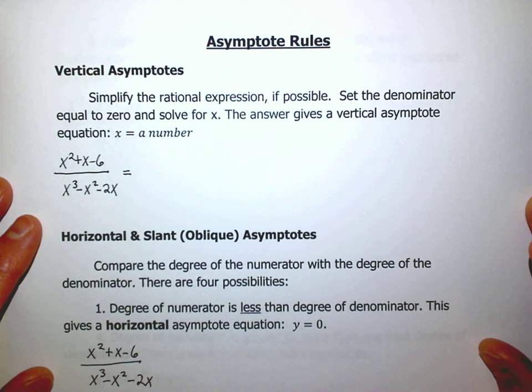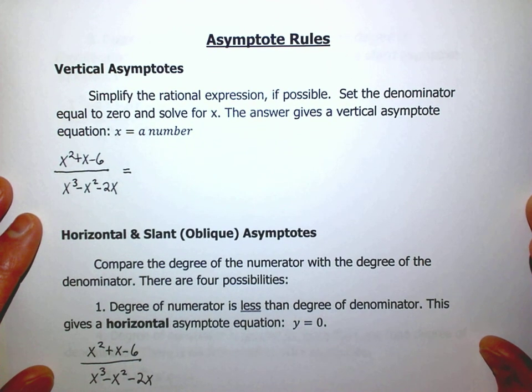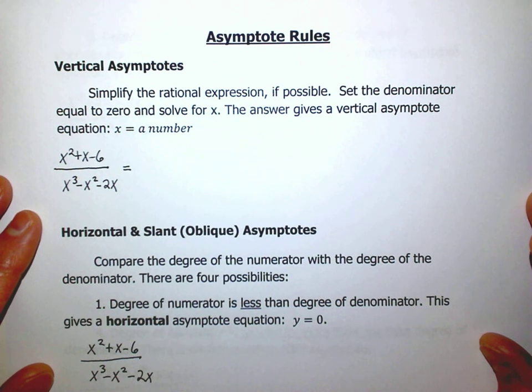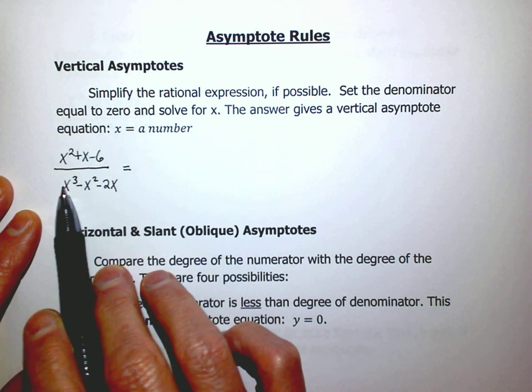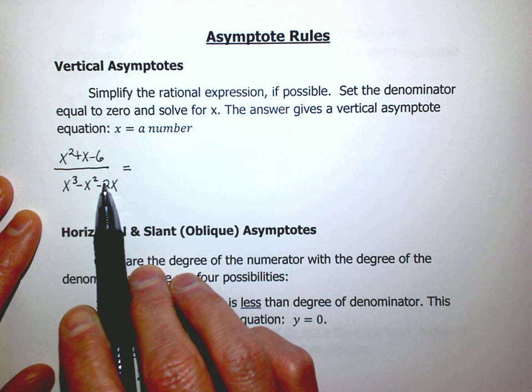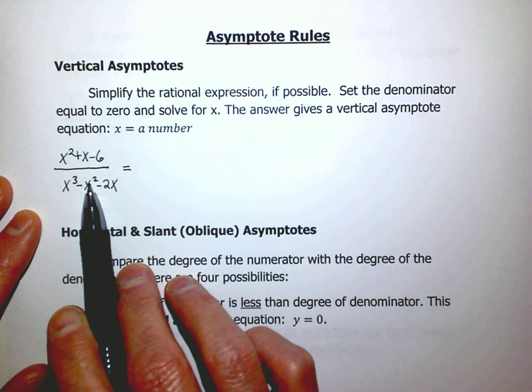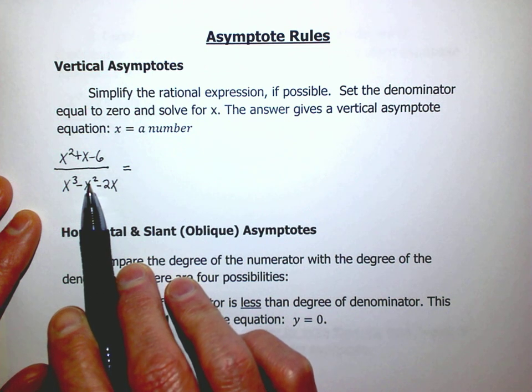Let's start by talking about vertical asymptotes. That's the easiest. When we have a rational expression, which simply means we have a polynomial divided by a polynomial, we first of all want to see if we can simplify by factoring and canceling anything that will cancel.